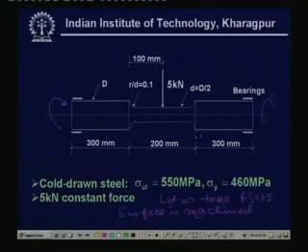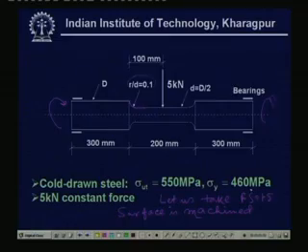You can see the distances, and another situation is that it has got a fillet radius whose R by D ratio is 0.1, whereby the large diameter to small diameter ratio is also given as D equals capital D by 2, where capital D is the diameter of the larger portion and small d is the diameter of the smaller portion.